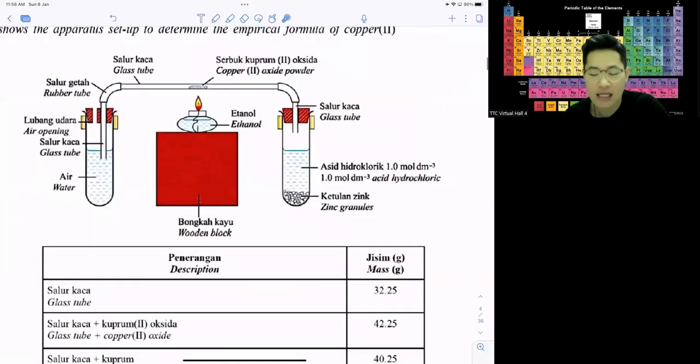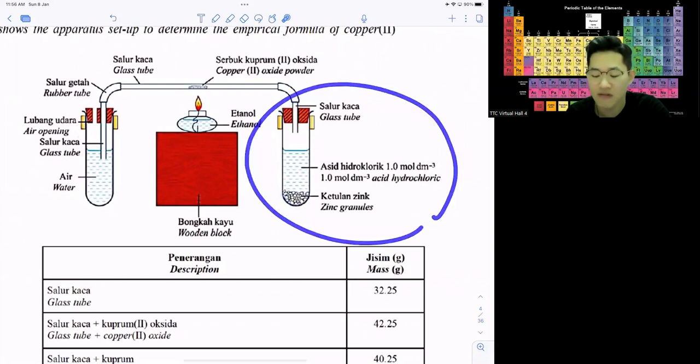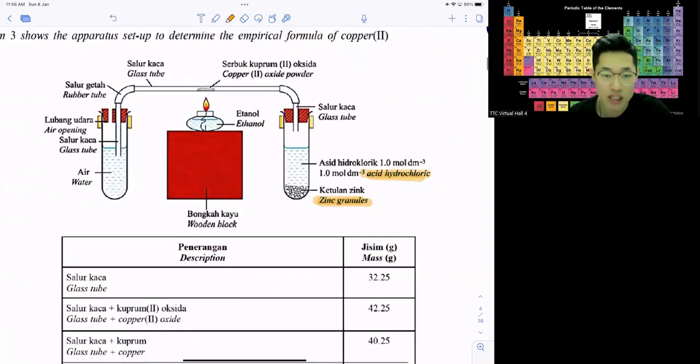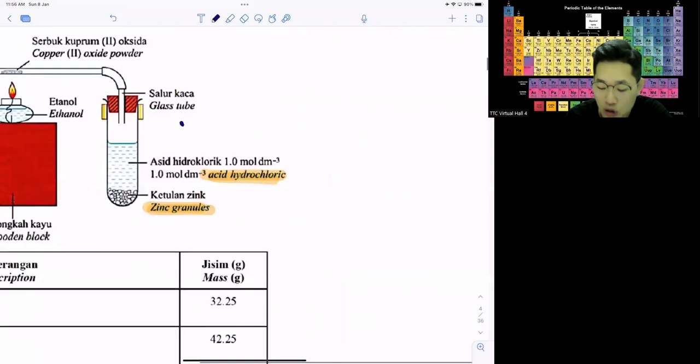Okay, so let's see. Go through the diagram, see what they have and what is the purpose of all these things. So here, the reaction mainly is the front part. So here, you have hydrochloric acid and also zinc. So 前面的部分主要是要产生 hydrogen gas.